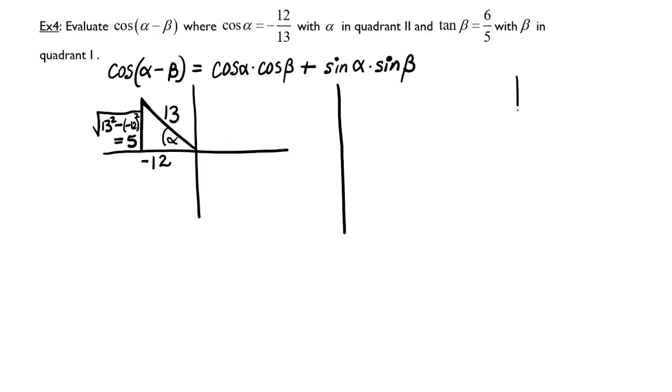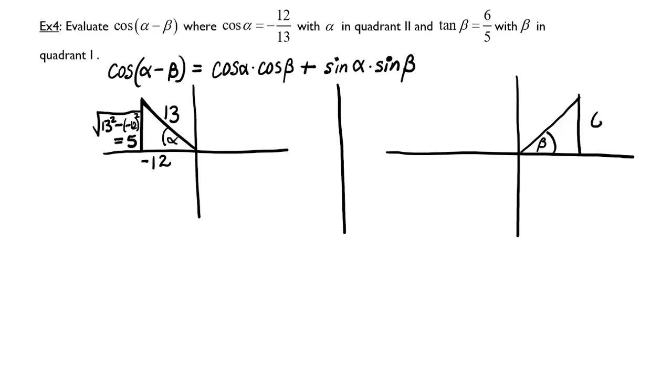And then the other graph we need to sketch is tangent of beta. Tangent of beta is in quadrant 1. And I know that tangent is opposite over adjacent. That means 6 is the side opposite and 5 is the side adjacent.